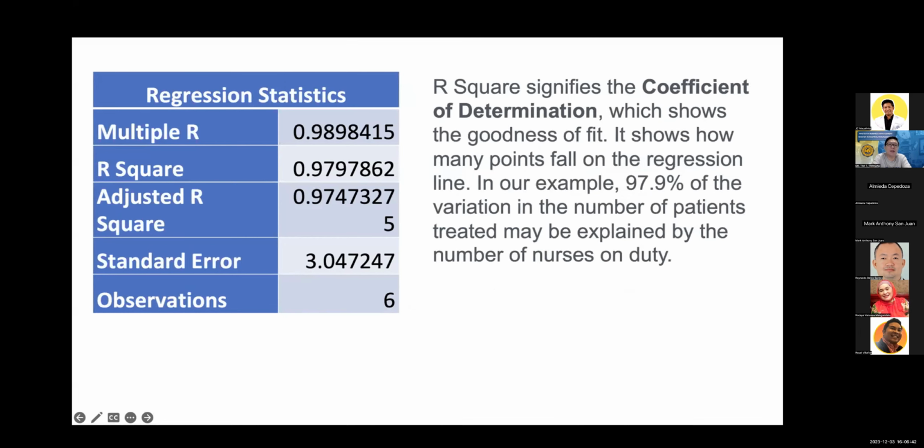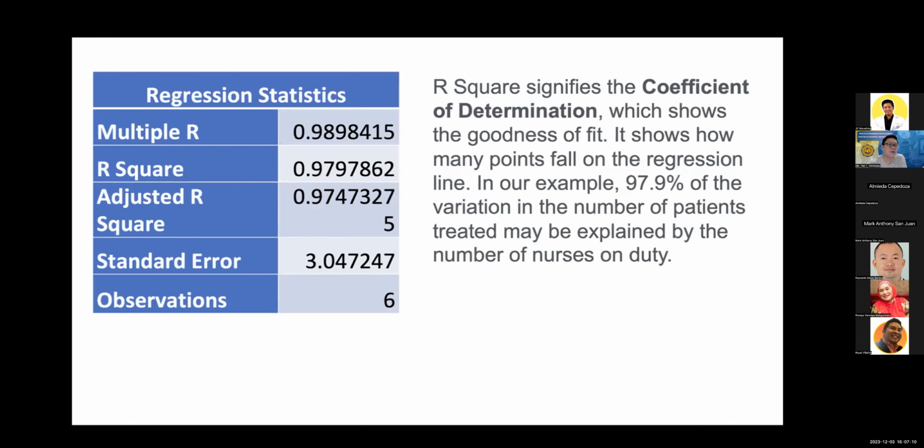Meaning to say, 97.9% of the variation in your data can be explained by the number of nurses on duty. Ibig sabihin, near perfect ka. So, ang projection mo, maganda yung data mo. Meron kang na-elicit na relationship. So, you must have collected a good data. That's what it means with these regression statistics.